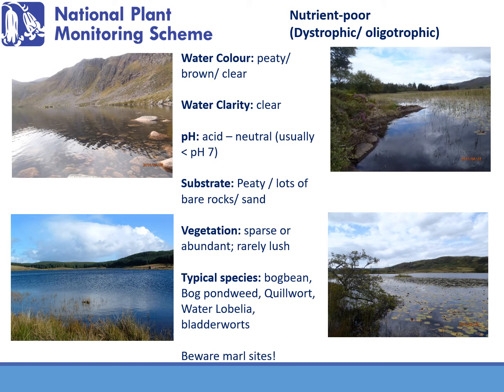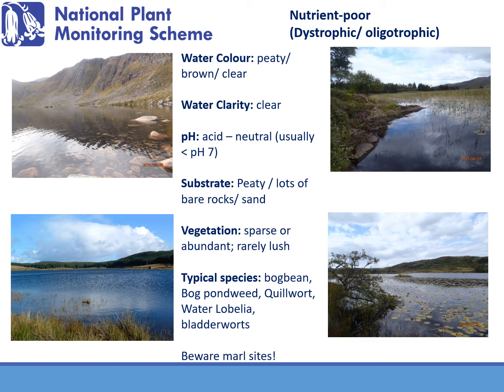So if we think about the nutrient-poor water bodies first, the nutrient-poor lakes and ponds, how might we identify these? Well, they tend to be characterised by clear water or water that is peaty or stained brown as a result of having run through peat. They're normally very clear, and so it's very easy to see the substrates, particularly at the edges of the lake.